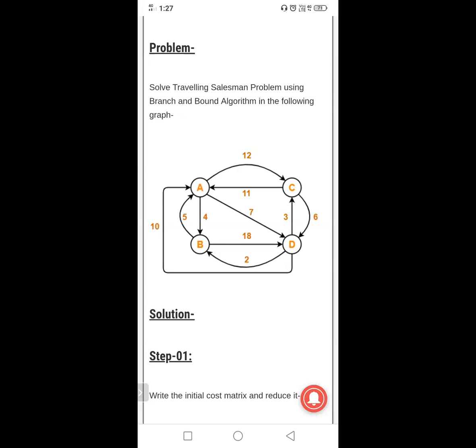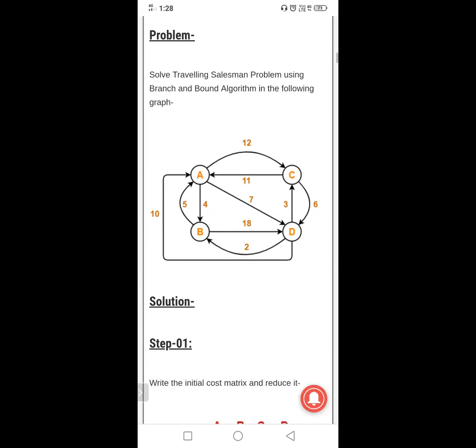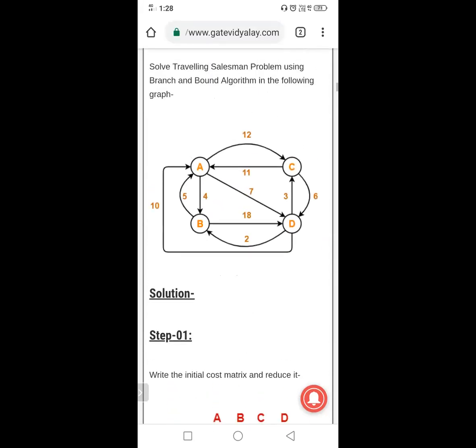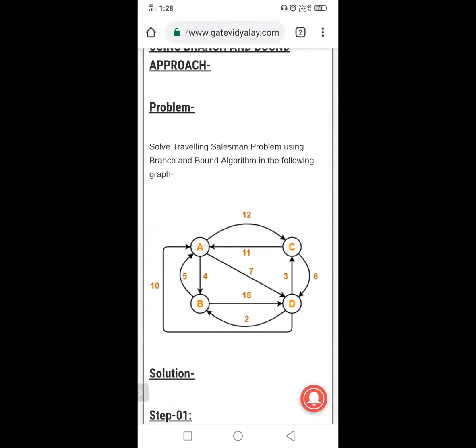That is about the traveling salesman problem using LC branch and bound. Why? Because we call it LC branch and bound: every time you have to choose the minimum cost.